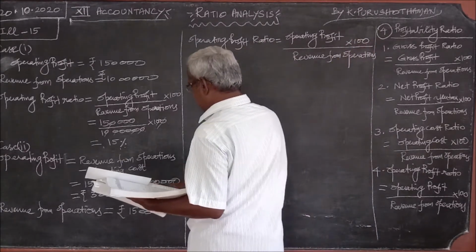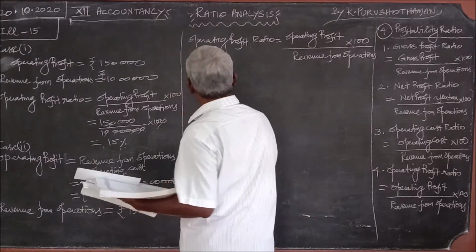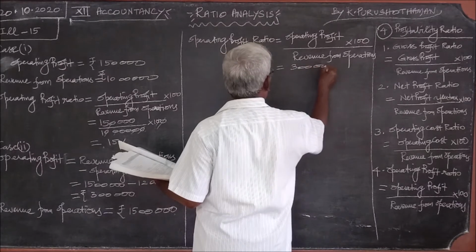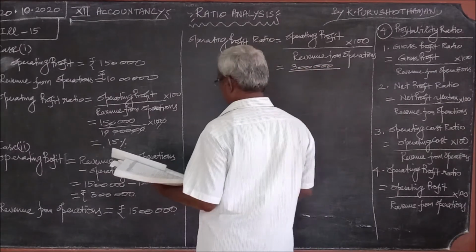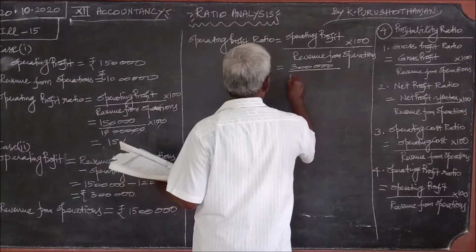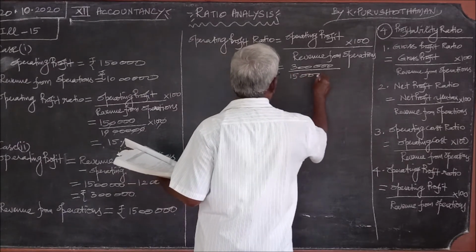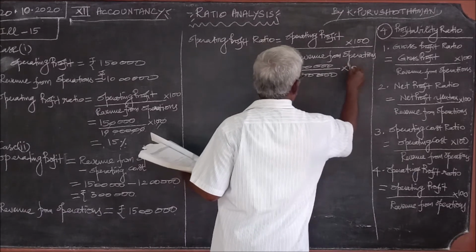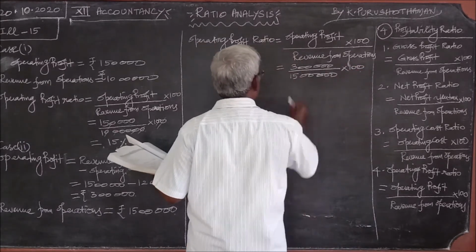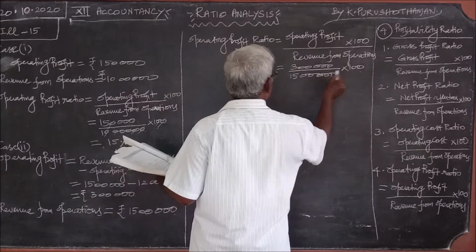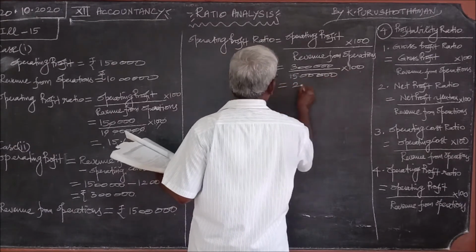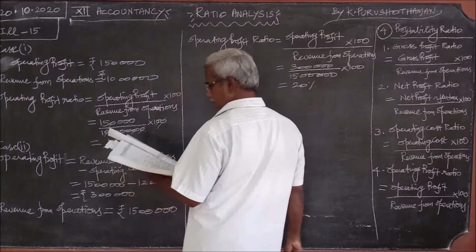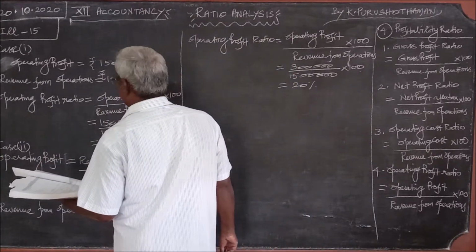Operating profit, we have found out, is 3 lakhs, by revenue from operations 15 lakhs, into 100. Now, if you simplify, this is 5 times, 100 by 5, 20%.